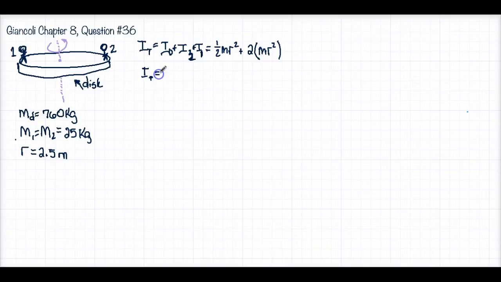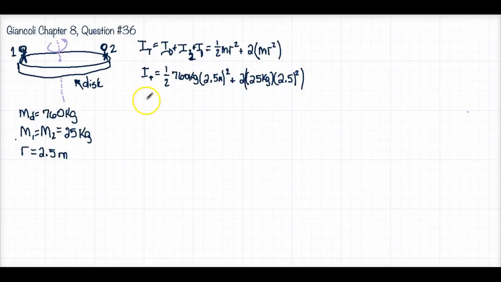The total moment of inertia is equal to 1/2 times the mass of the disk, which was given as 760 kilograms, times the radius of the disk, 2.5 meters, and I have to remember to square that. Then I add twice the mass of one of the kids, 25 kilograms, times the radius, 2.5 meters squared, since they're sitting at the edge of the disk.